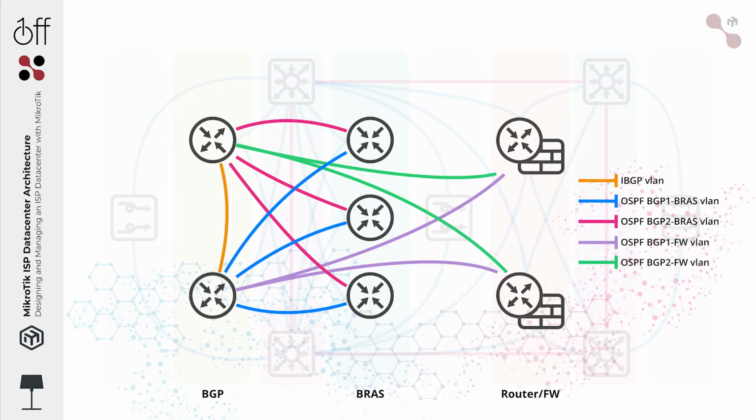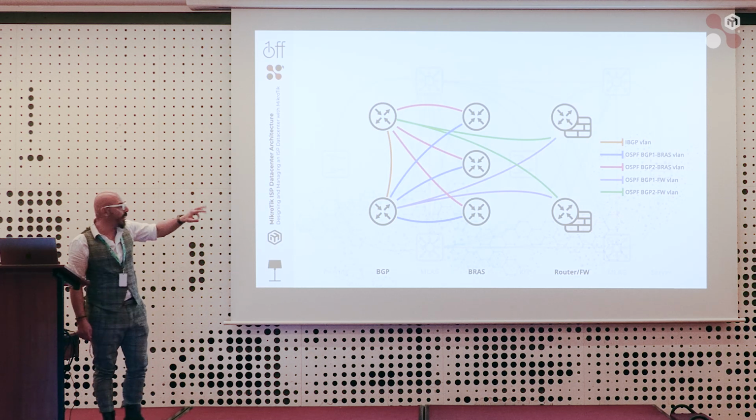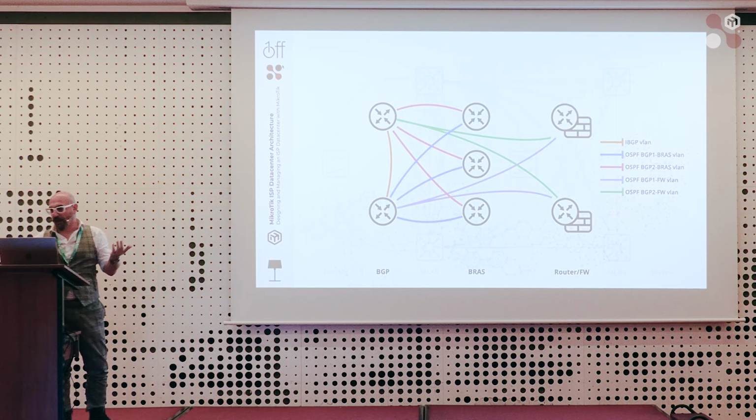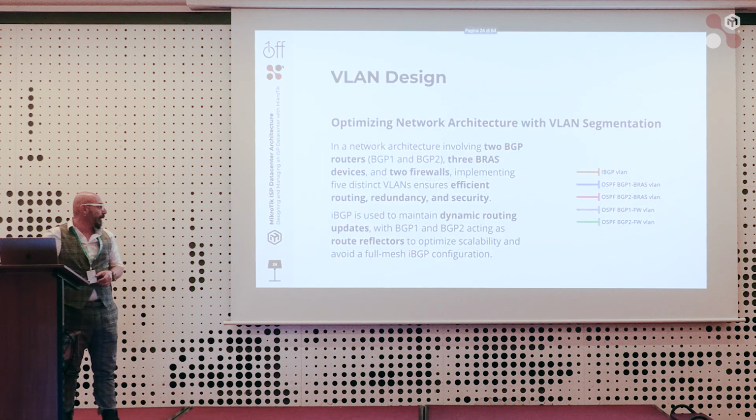This is a diagram showing the VLANs I usually create: one for the IBGP connection between the two BGP routers, and four for the connection of the access concentrators with both the BGP routers and from the routers to the IBGP connection. I mean, it's just an example, but it's what I configure usually.